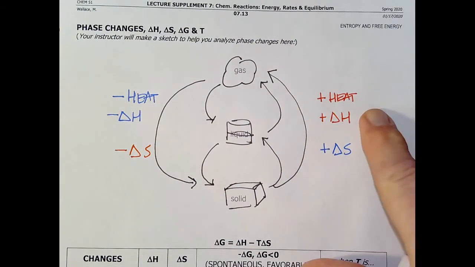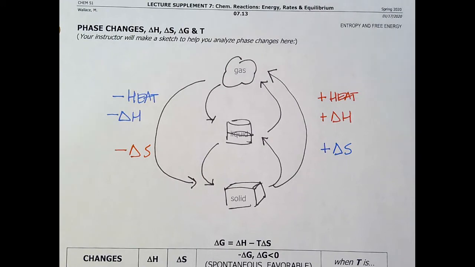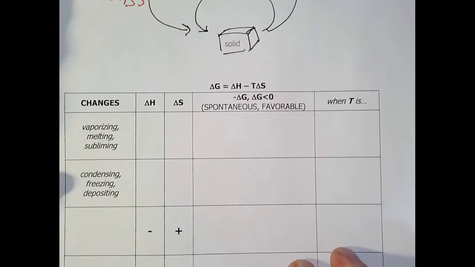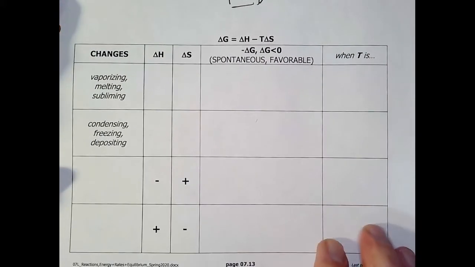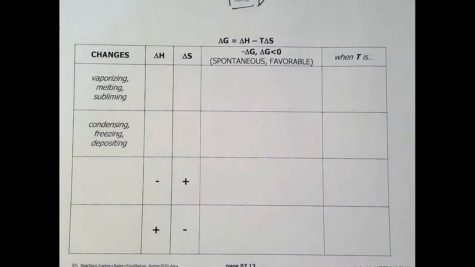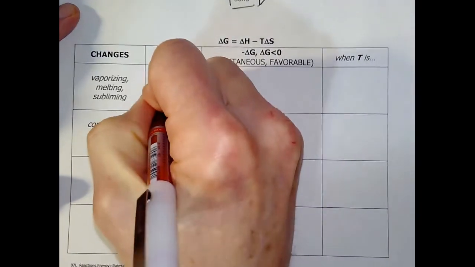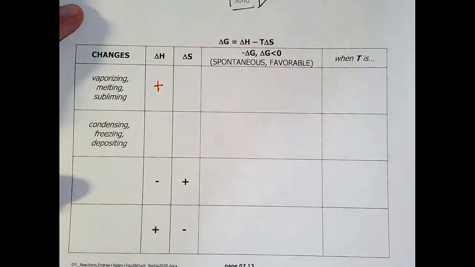Now, I'm going to make a little table at the bottom of the page here. Now, what I want to do is use the equation and do no math whatsoever. This is what's valuable in the real world. We said that vaporizing, melting, subliming required heat, but things got messier.